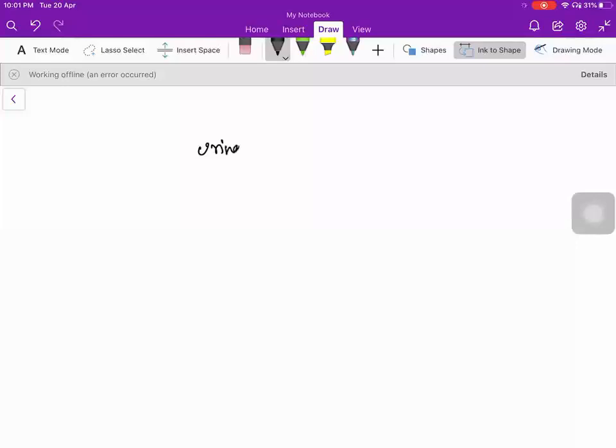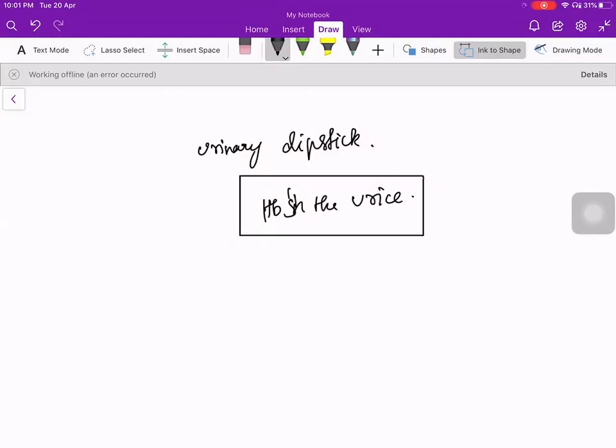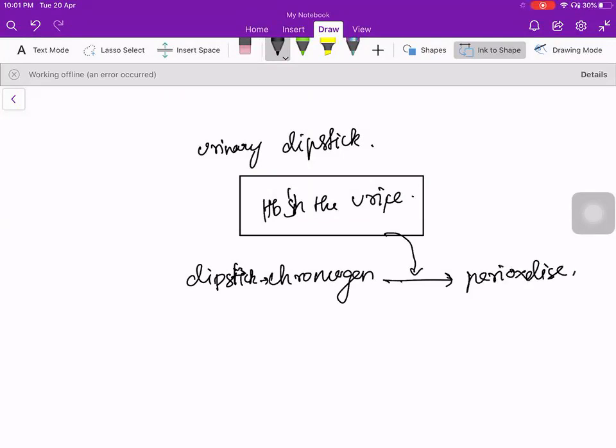In the urinary dipstick method, if the patient is having hemoglobin in the urine, the dipstick will have chromogen. When we mix the urine with the dipstick, this hemoglobin will peroxidize the chromogen and it will cause color change.